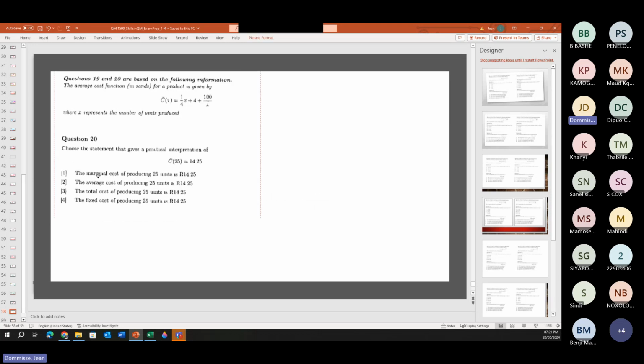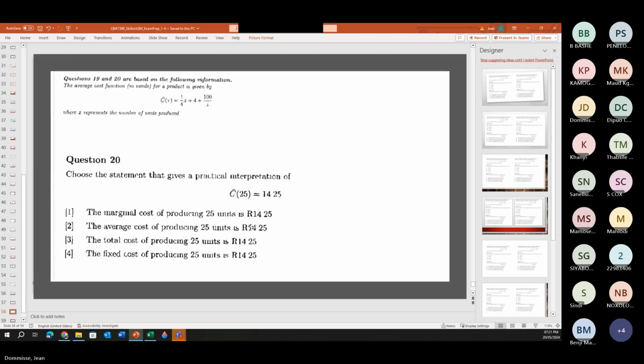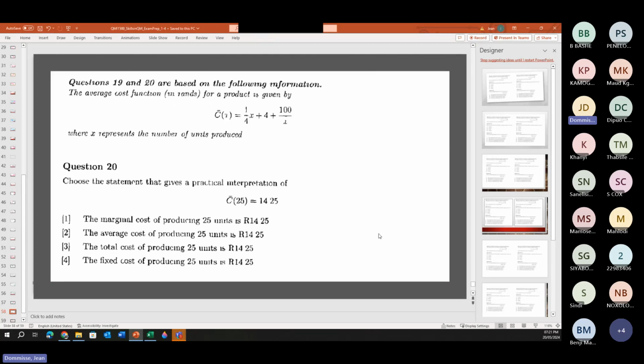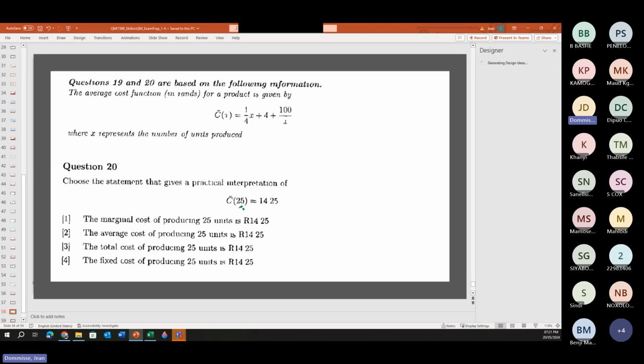That is at least for me great, in the sense that you don't get double penalized because the previous one you might have gotten wrong. So in question 20, all that they ask is you've got that formula and you need to replace the x by 25.